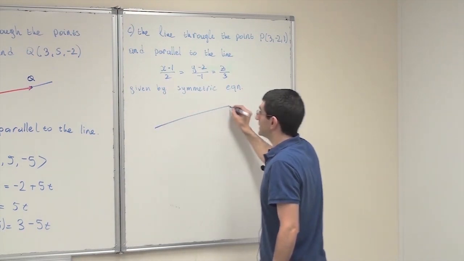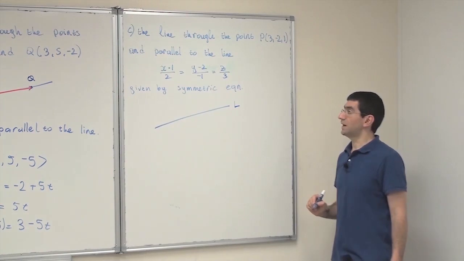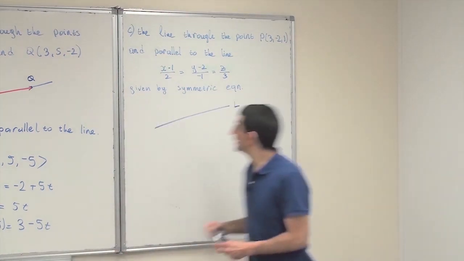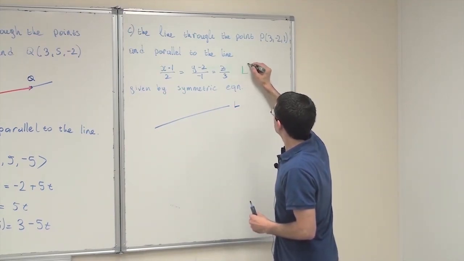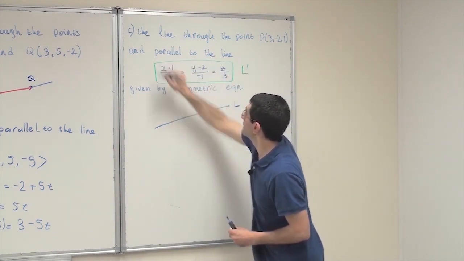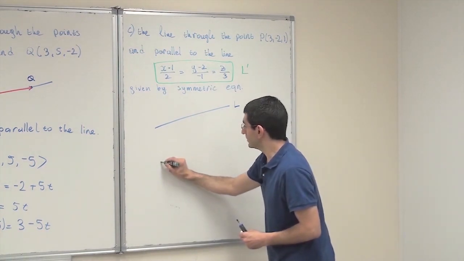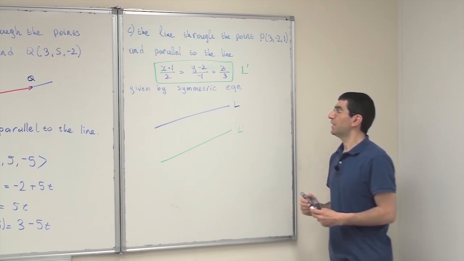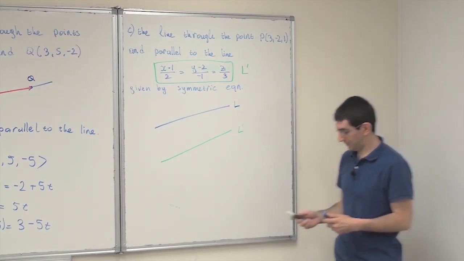So, let's say that this is the line that we want to find. And let's call the line that we are given by its symmetric equations here in this green box, L prime. So, what we know is that L prime is parallel to the line that we are looking for, which is L.